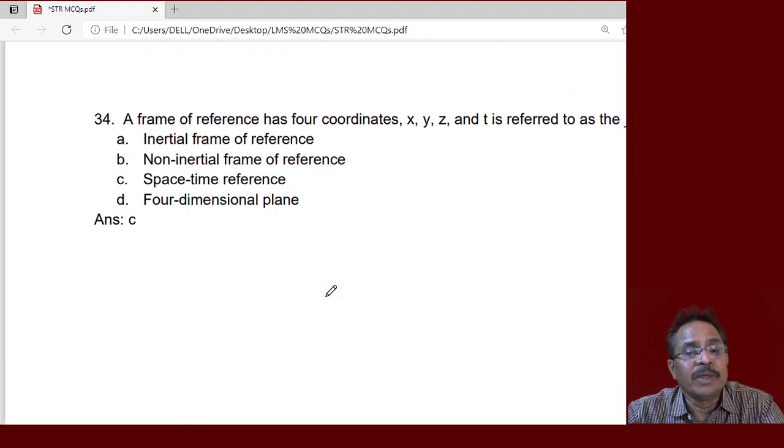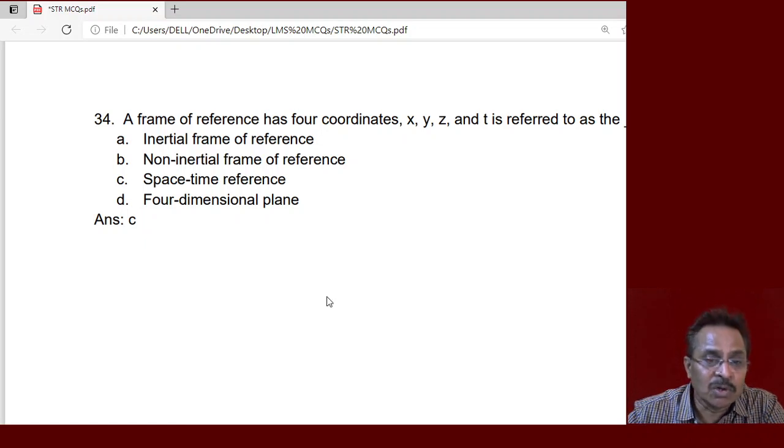34. A frame of reference that has four coordinates x, y, z and t is referred to as: inertial frame of reference, non-inertial frame of reference, space-time reference, or four-dimensional plane. Okay, this is not a plane; actually it is four-dimensional space, or what is called a space-time reference frame.